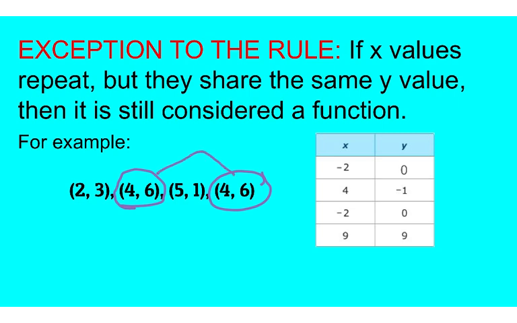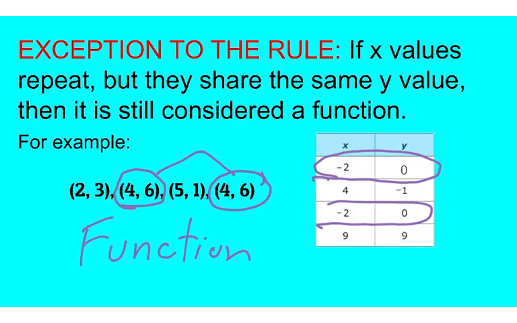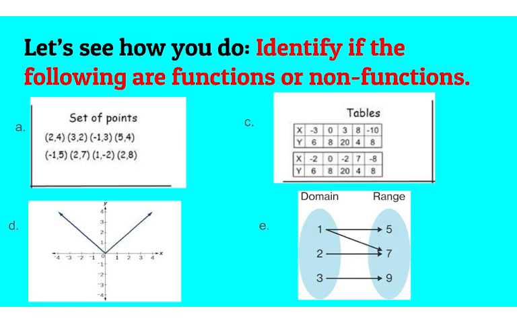Therefore, this is still considered a function. And the same thing goes in a table of values. If you have two x values that are the same, but they also have the same y values, it's still considered a function.